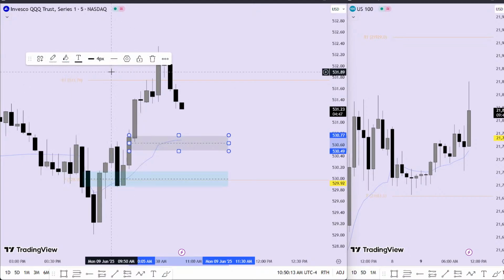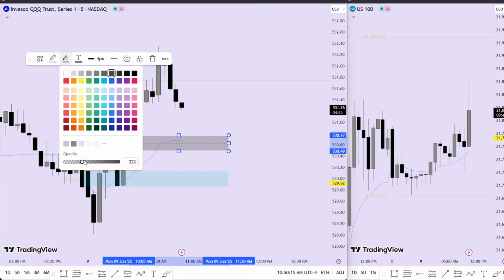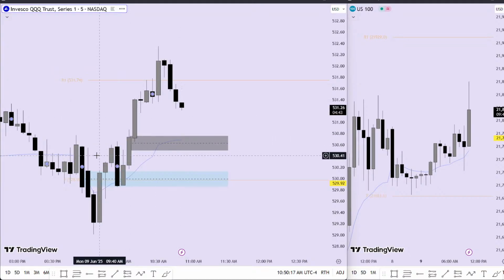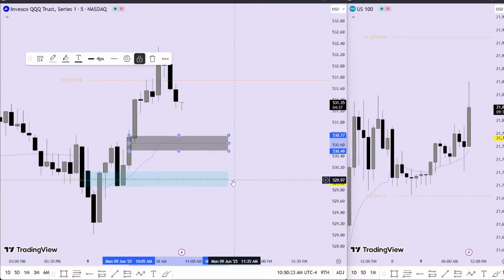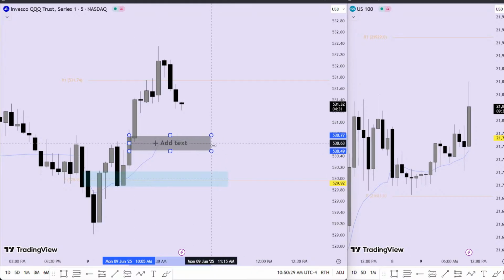Going to draw this as black. This is the second area of interest. Right at this point, we're going to mark these points till 11 o'clock, not 11:30, right? 11 o'clock.